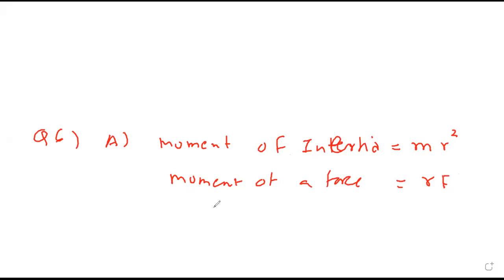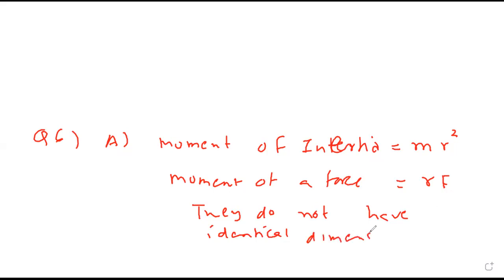Clear लग रहा है ना, अलग है दोनों. So they do not have identical dimension. Formula alag, unit alag. So how will they have same dimension? They do not have identical dimension. So this itself is my answer.